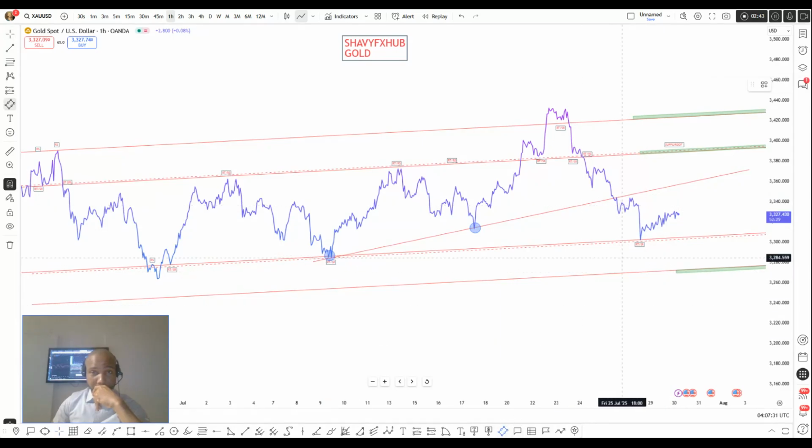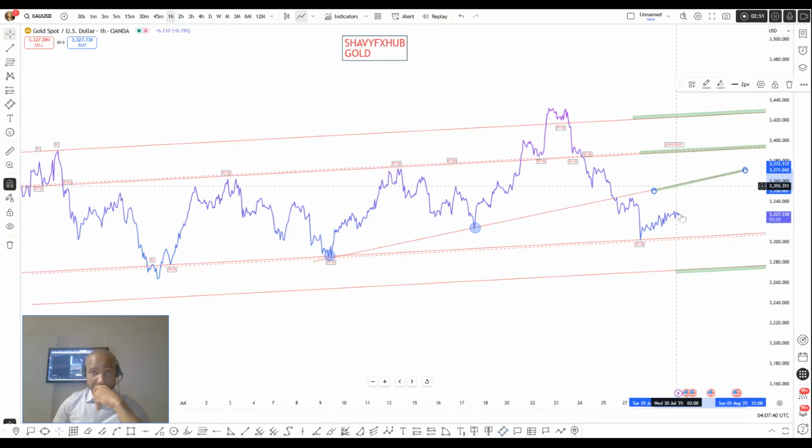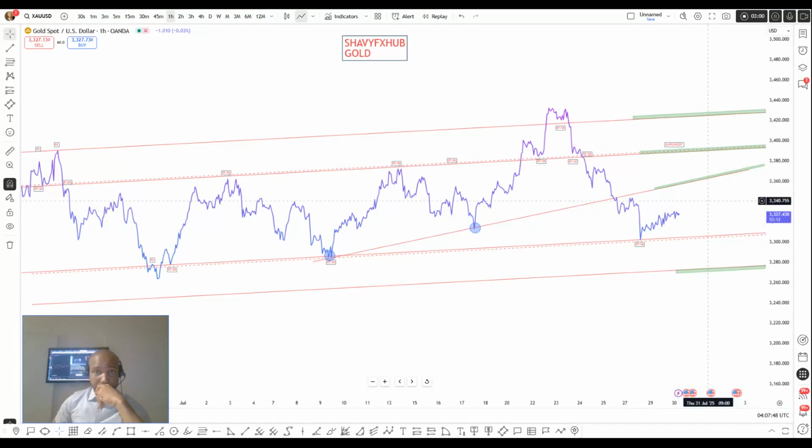So on technical, that's a sell supply roof on an ascending trend line, ATL. So if price manages to buy into that structure, you will likely see a sell. You will likely see a little drop.